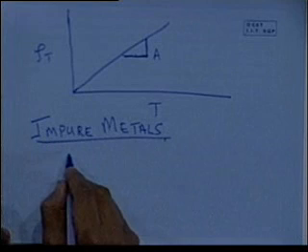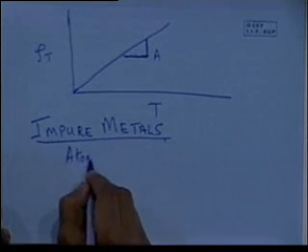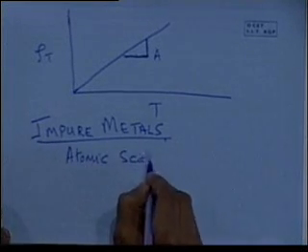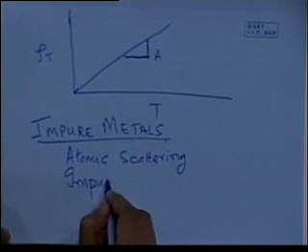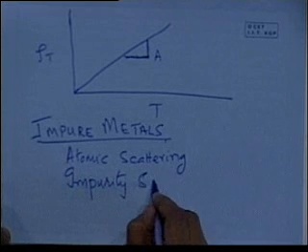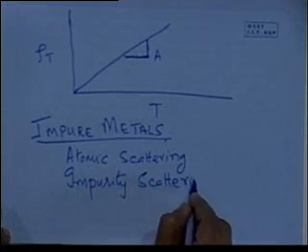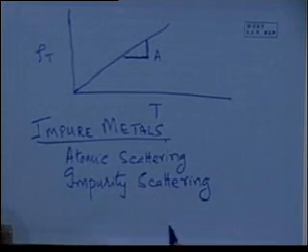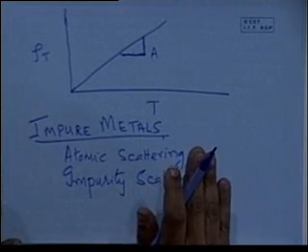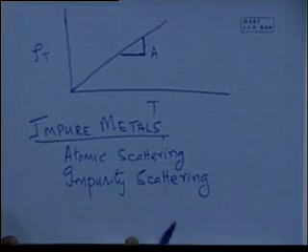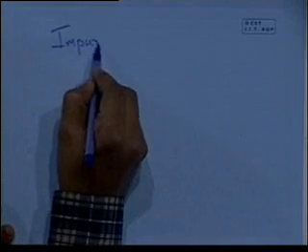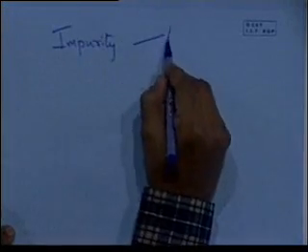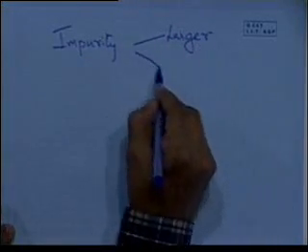Where in this case we are introducing, in addition to the atomic scattering, we have impurity scattering too. Okay? So the atomic scattering is still there, but we've added on one more term, impurity scattering. The impurity atom that we are putting in there could be larger or smaller than the host atom.